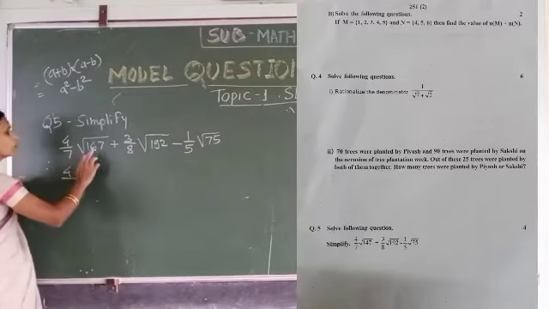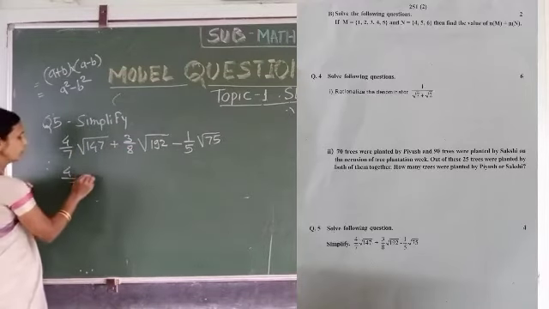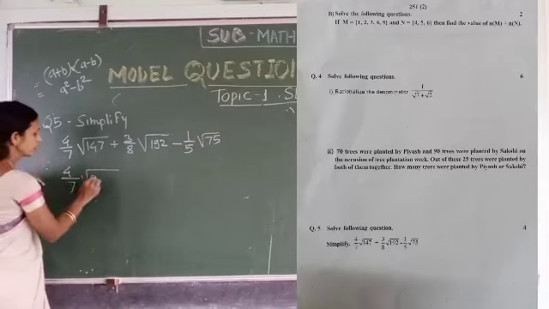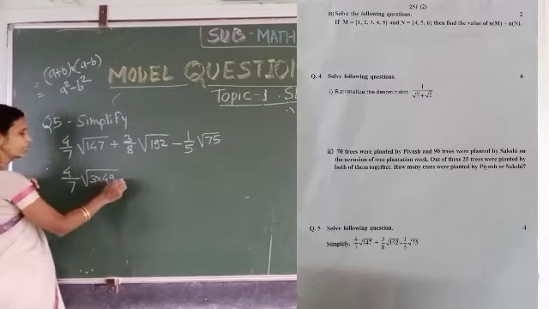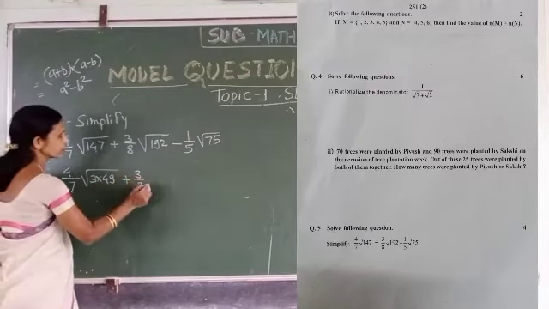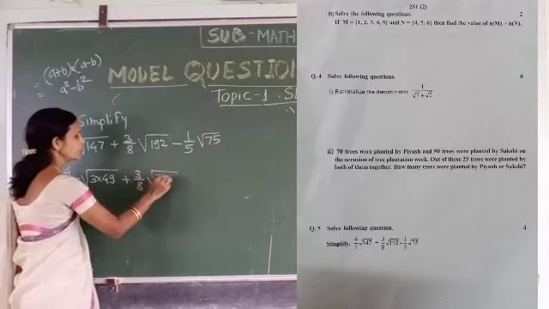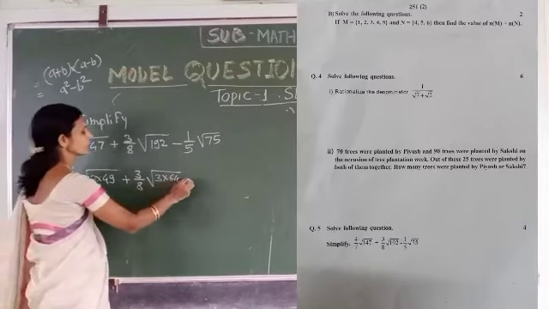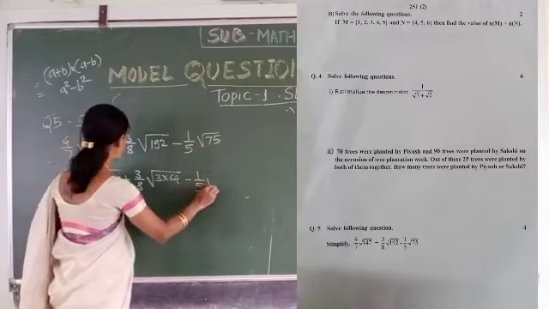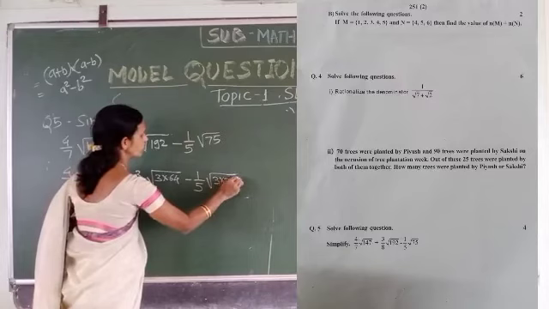First of all we have to factorize those numbers. Therefore 4 upon 7 square root of 3 into 49, plus 3 upon 8, here 192 is factorized as 3 into 64, minus 1 upon 5 root of 3 into 25.